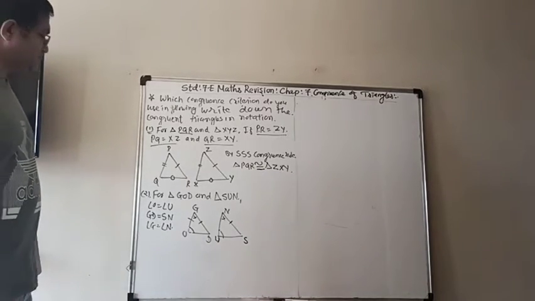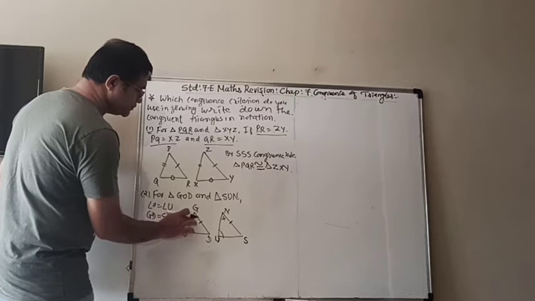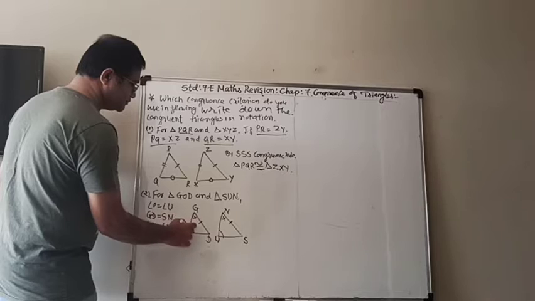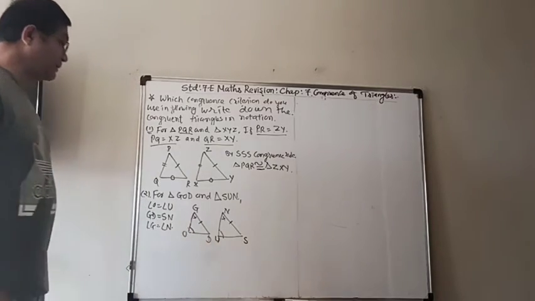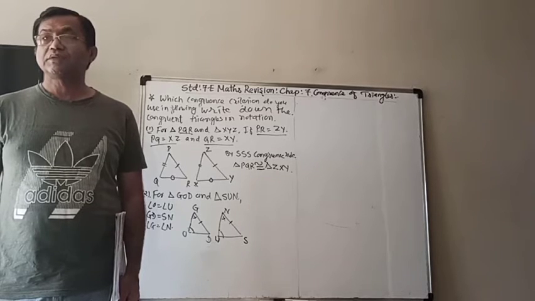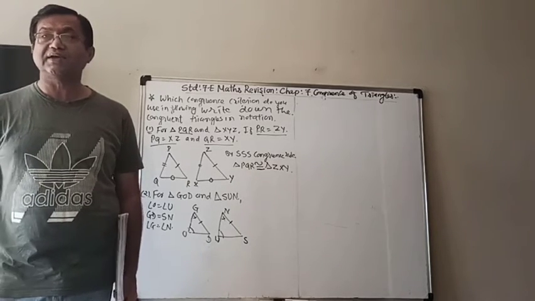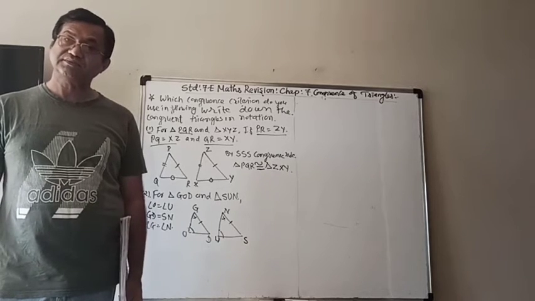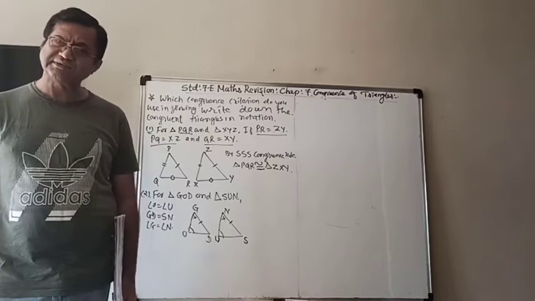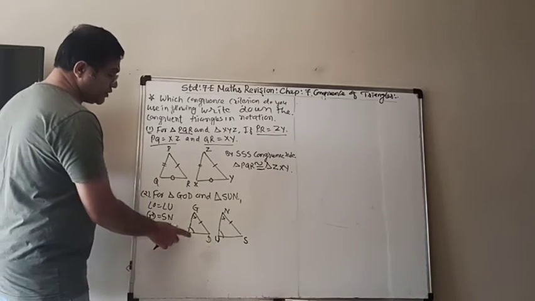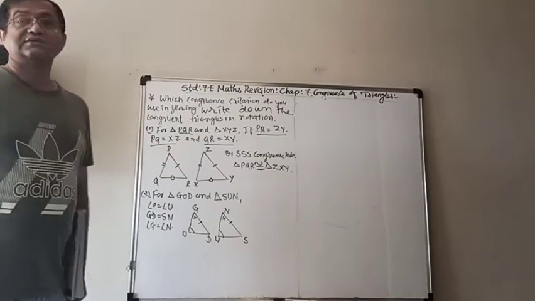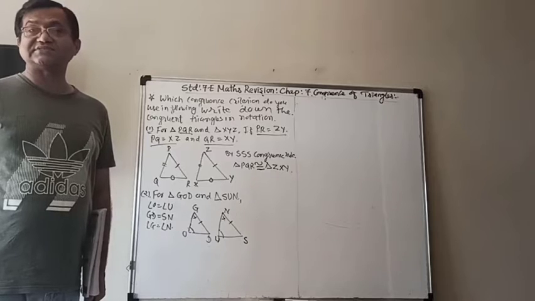So now you can see that problem is occurring now because we learn only 4 criteria: SSS, SAS, ASA and RHS. Here if you use ASA, but 2 angles and the other angle is given, not the other included side.